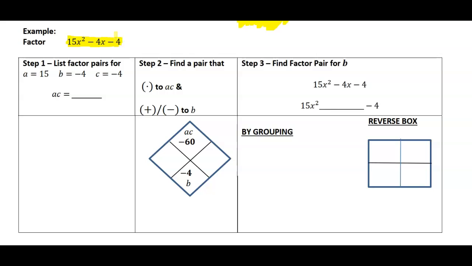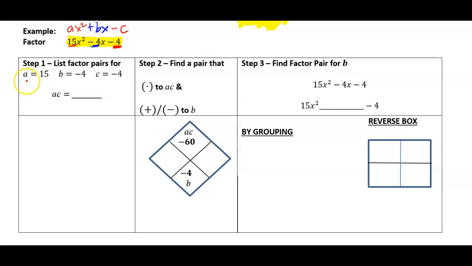So our example problem, 15x squared minus 4x minus 4. First of all, when we're looking at a format ax squared minus bx or plus bx minus c, note that the coefficients, which are a, b, c, are the numbers, not the variables.